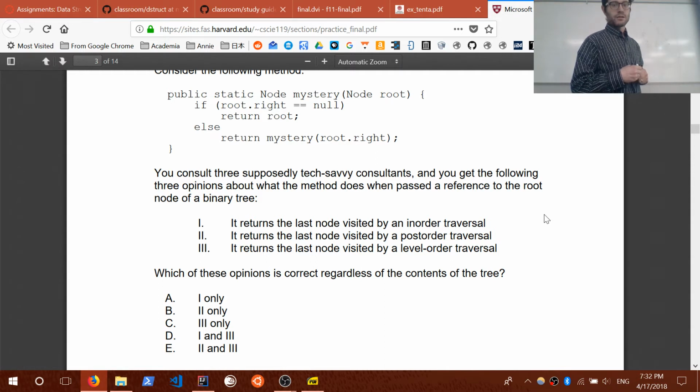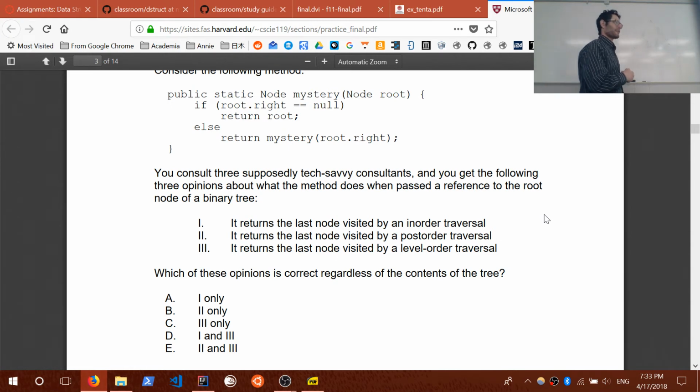In other words, which of these people is always correct? The last node in an in-order traversal is always the biggest item in the tree. And if we are always going to the right, we're going to be hitting the rightmost node. So consultant 1 is always correct.